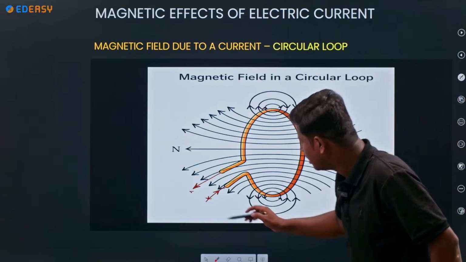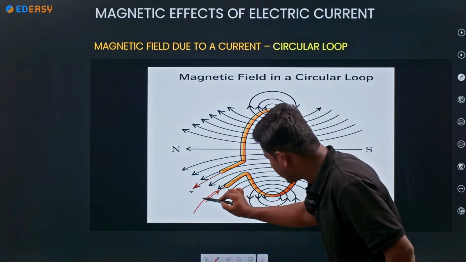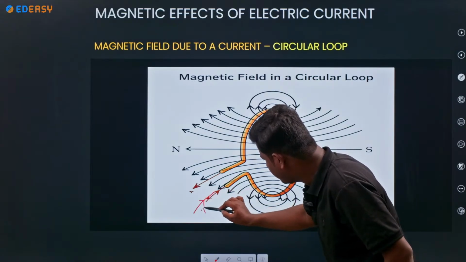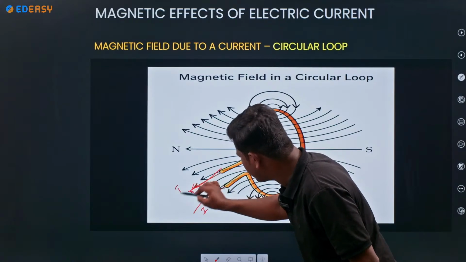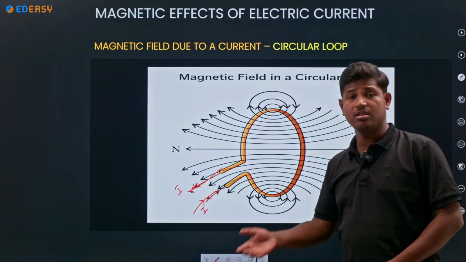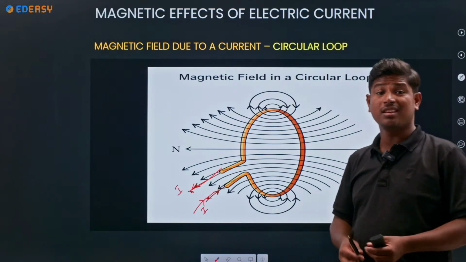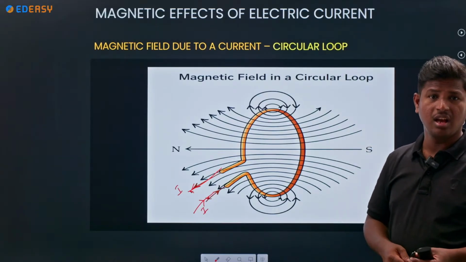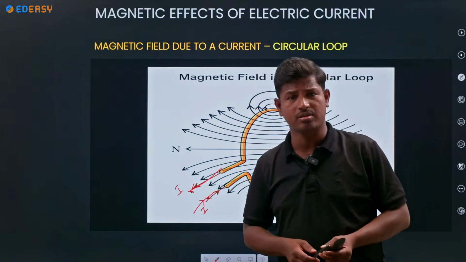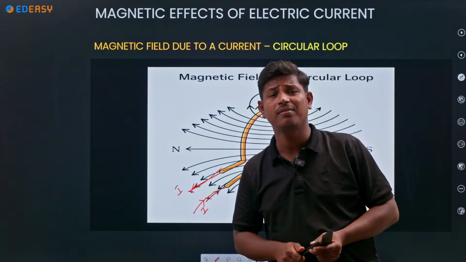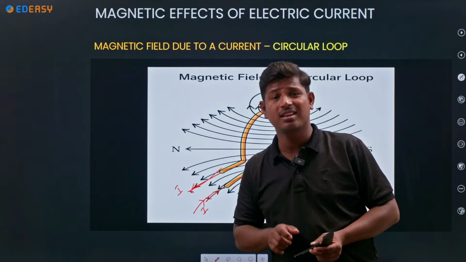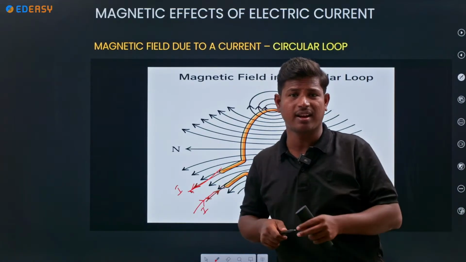Here the current is entering, and here it is leaving. Just now we discussed the straight current carrying conductor. If you take a straight conductor, how will the magnetic field be? Concentric circles, right?